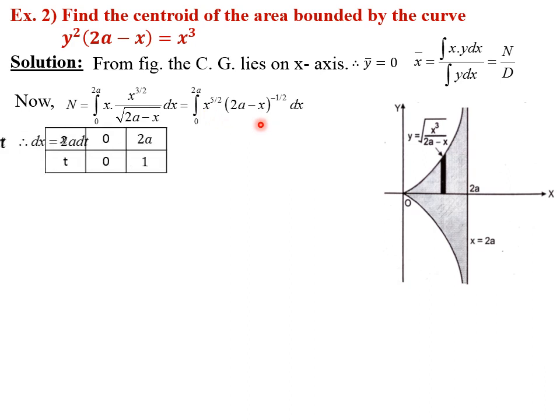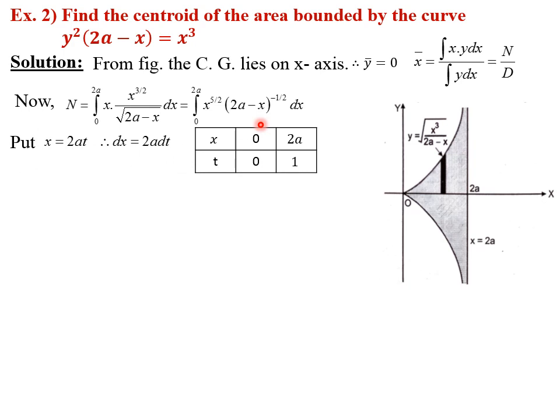So to reduce it to a standard beta function form, let us use a substitution. If we put x equal to 2at, we get dx equal to 2a dt, and the limits of x from 0 to 2a will change to 0 to 1 for the variable t.